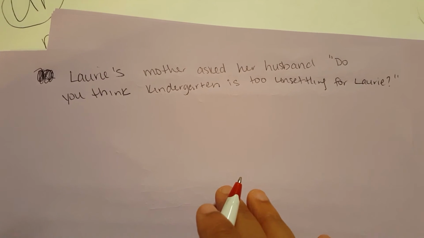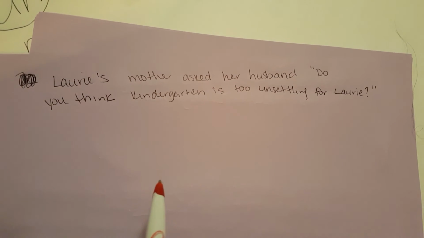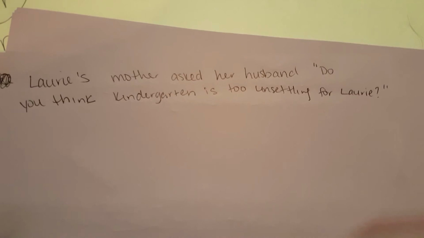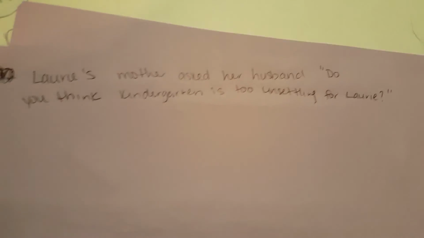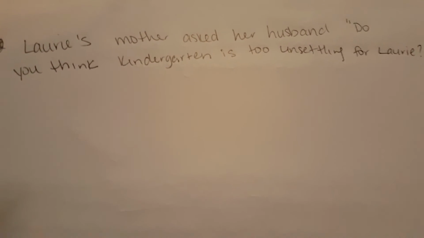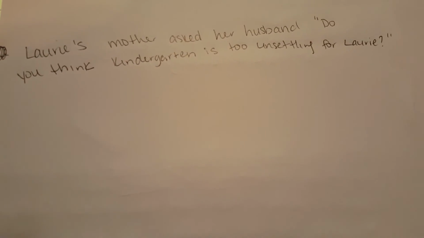Okay. Now we need to explain how what she says lets us know that she feels this way. The very fact that she asked her husband lets us know that she notices a change in Lori and that she fears that it might be kindergarten and Charles that is doing it. So the way we would explain it is this.